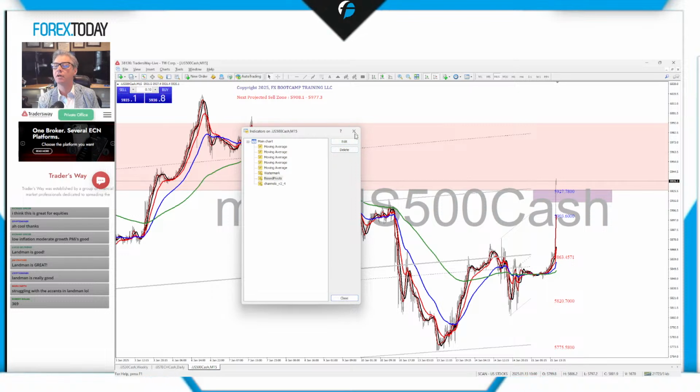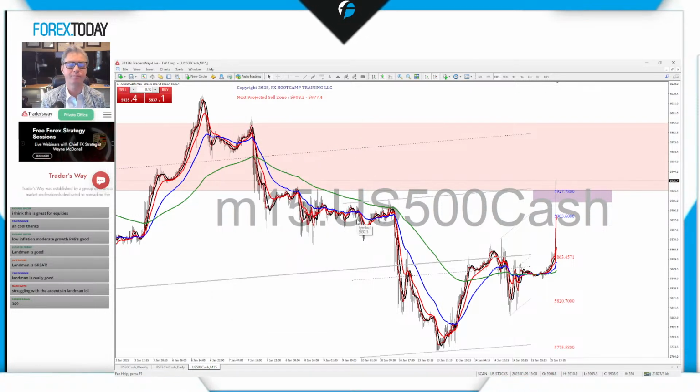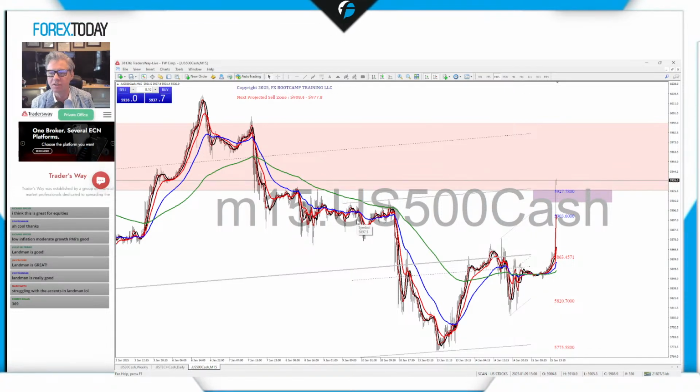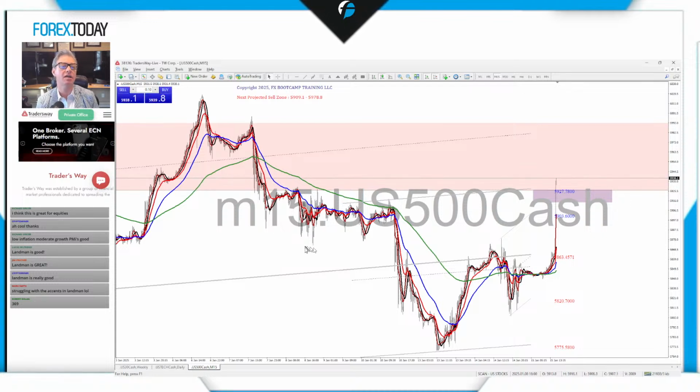There you go. We're caught between weekly and monthly implied volatility. Based on what happened in December, this is a price which bears would consider a vol top.